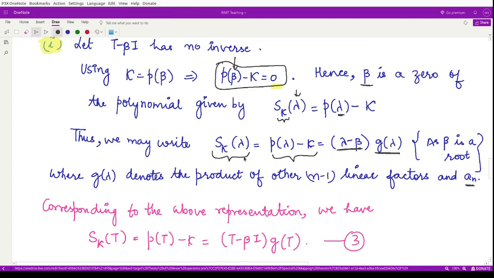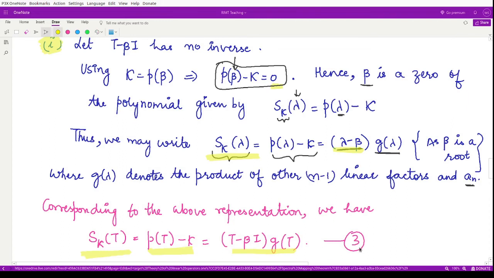Corresponding to this polynomial S kappa of lambda, we can now define the operator equation. So S kappa of T would be, instead of P of lambda minus kappa, P of T minus kappa, and so it would be (T minus beta I) into g of T. Instead of lambda we are writing T, and instead of the constant term b we are writing bI, because now we are talking about the same polynomial in operator terms, right?